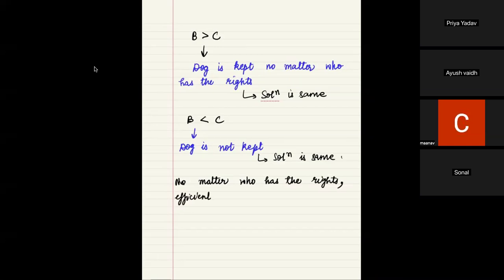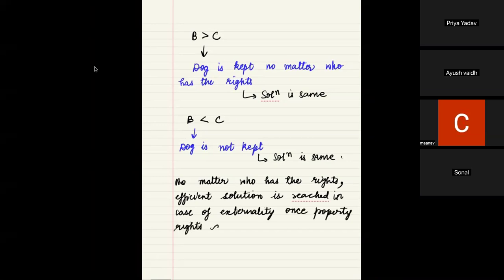an efficient solution is reached in case of externality once property rights are assigned.